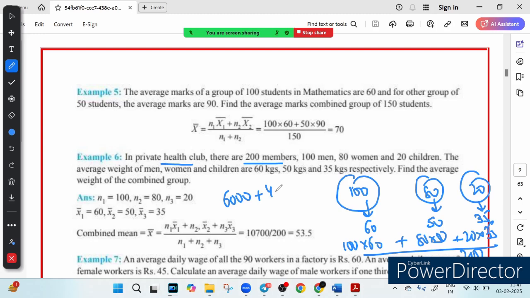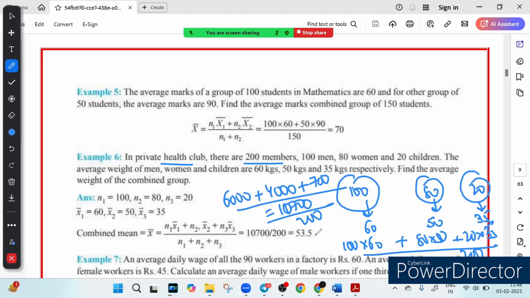Yes, it will give you 4000. And then 20 times 35, this will give you how much? 700. So after you add them, you will get how much? 10,700, divided by 200. So after the calculation, you will get the average weight as 53.5. I hope this makes the concept clear, right?